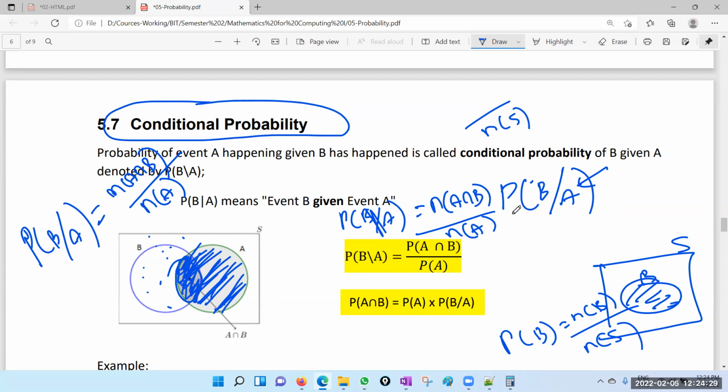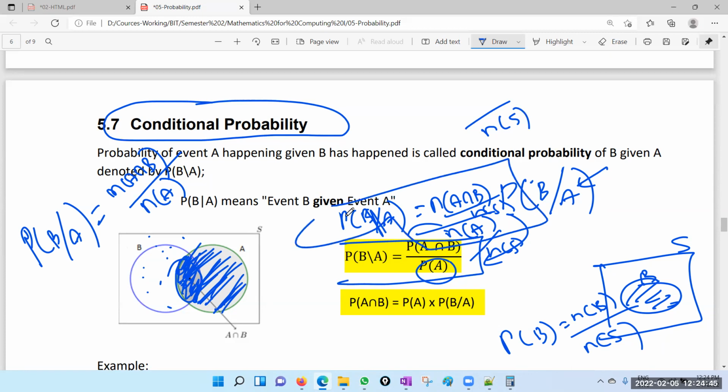So then how do you get this one? If you divide both numerator and denominator by NS, so this is also divided by NS, this is also divided by NS, so then we get PA intersection B divided by PA. So මෙහෙම ලිව්වත් කමක් නැහැ, මෙහෙම ලිව්වත් කමක් නැහැ. හරි? දෙකම අපිට ඕන වෙනවා. දෙකම ඕන වෙනවා.